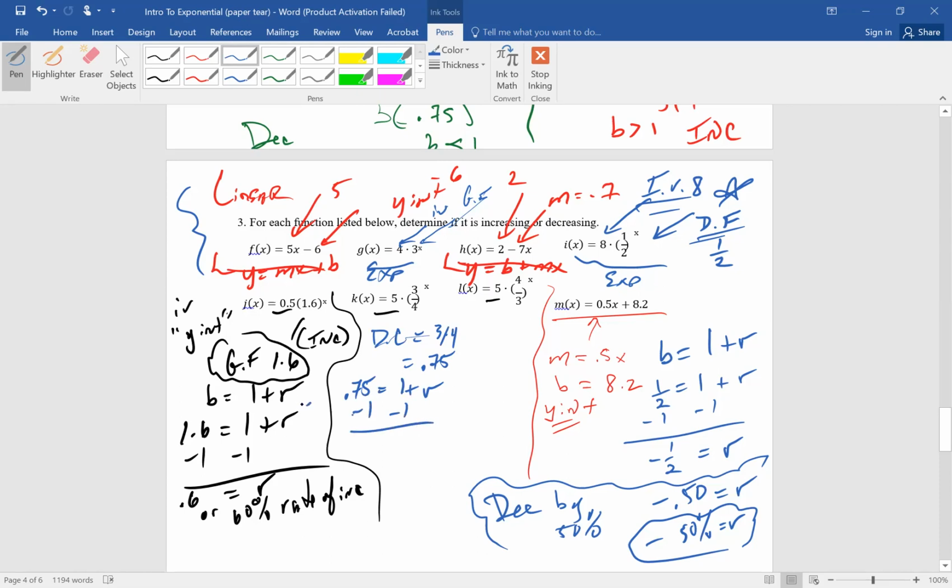And again, I'm always coming up with this b is equal to 1 plus r. And you saw me just kind of write it intuitively. I just kind of forget the b and I just put the 3/4 there. And this is going to be negative 0.25 equals r, or 25% decrease. Okay? Sorry for the sloppy notes.